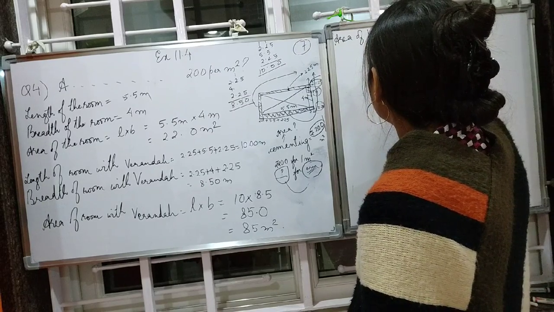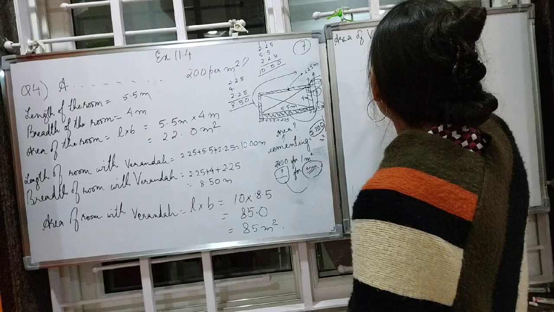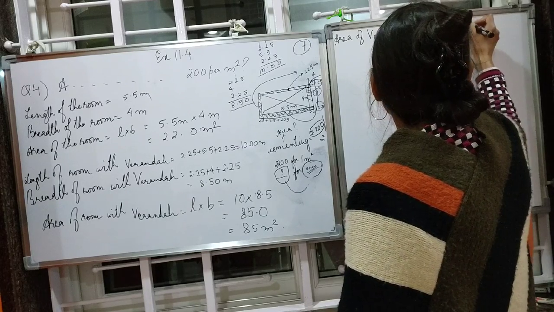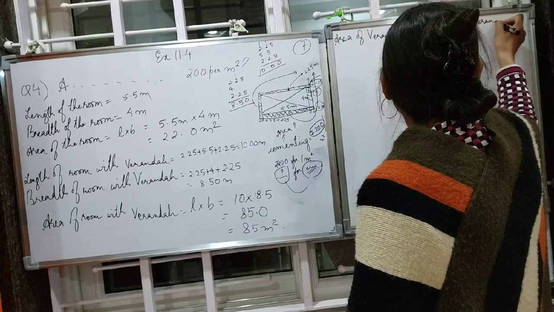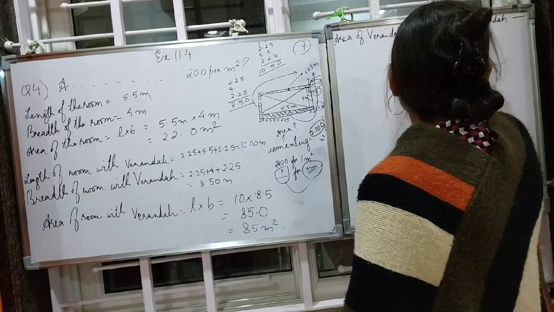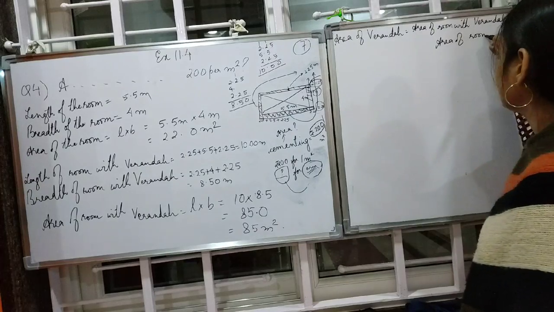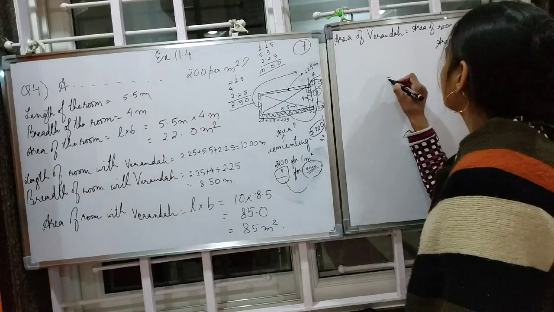Area of veranda is equal to area of room with veranda minus area of room only, right? So let's do it.